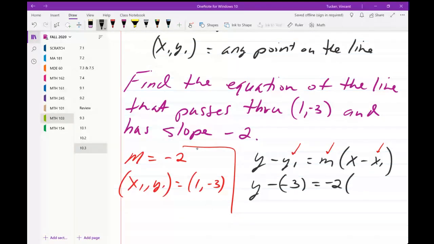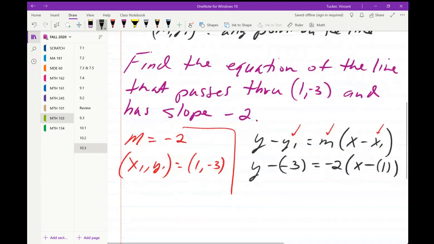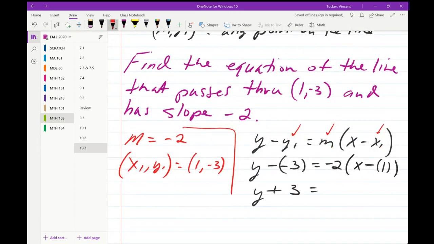m is -2, and plug in +1 for x1. +3, distribute that -2. So that'd be -2x plus 2. And we can finish it off by subtracting 3 from both sides.